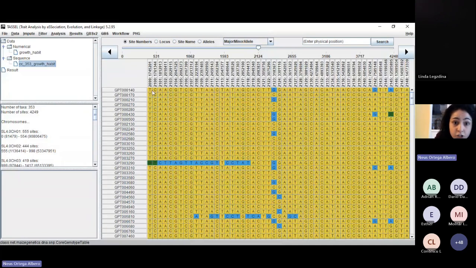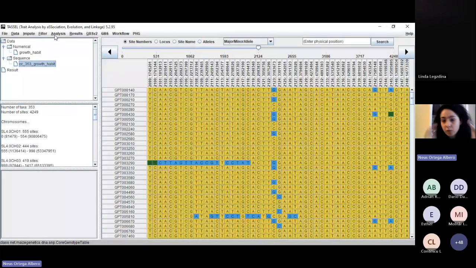You can see here all the genetic bases in the genome, but the positions in the upper side are not consecutive. That means that we have one base each X number of bases. So now that we have this data, we're going to see its distribution in the population.